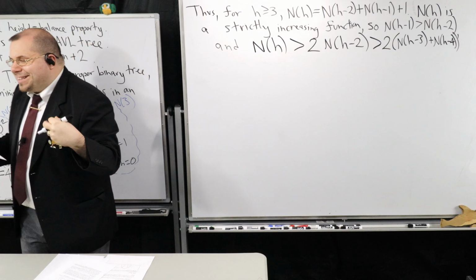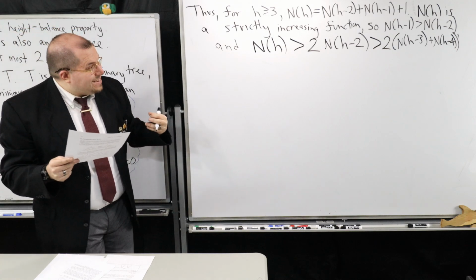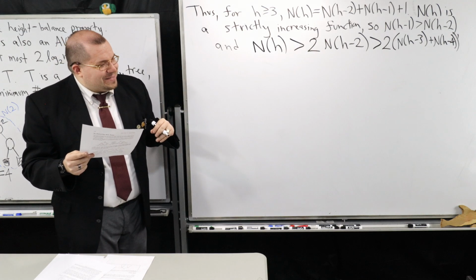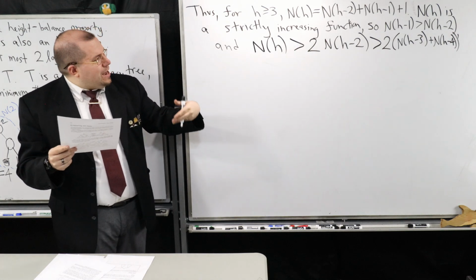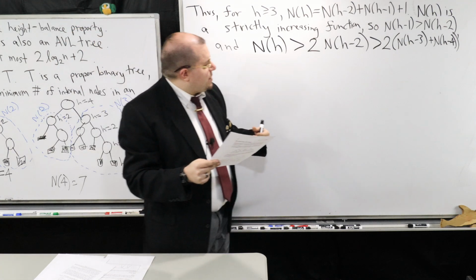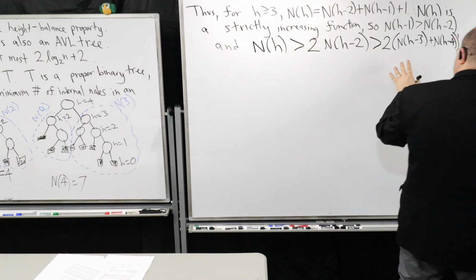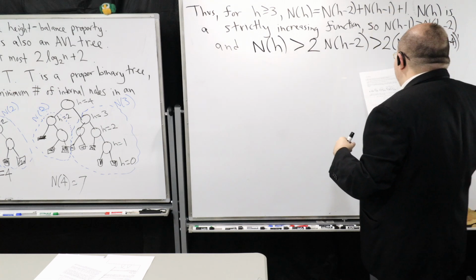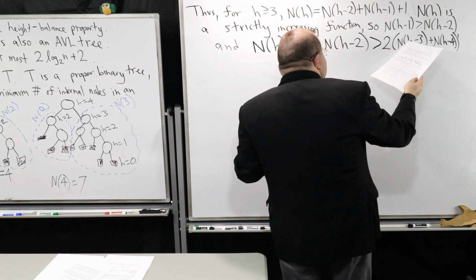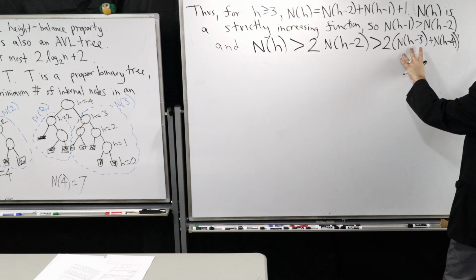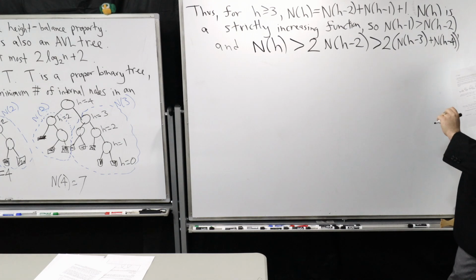Now, here's the slick thing: I could do the exact same trick again. Remember, I know that n of h is a strictly increasing function, so I can do the exact same thing I just did. If I consider n of h minus 4, I know n of h minus 4 has to be less than n of h minus 3.